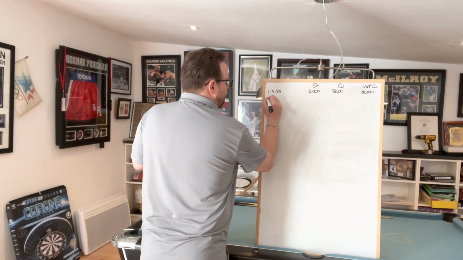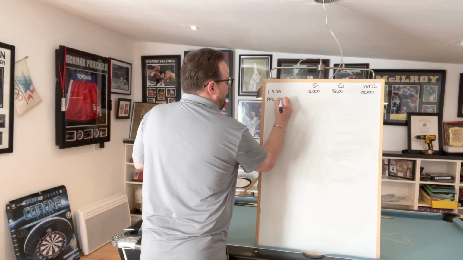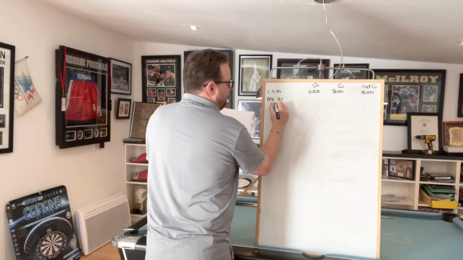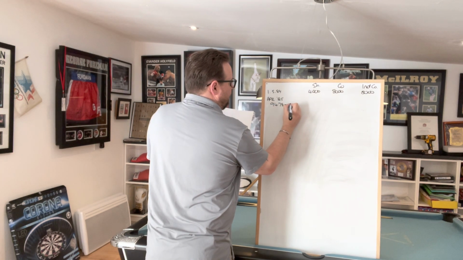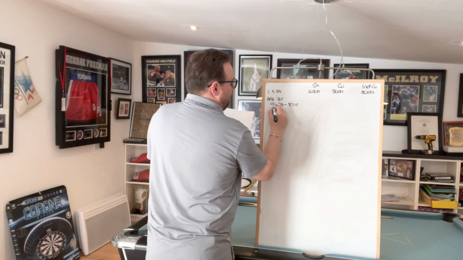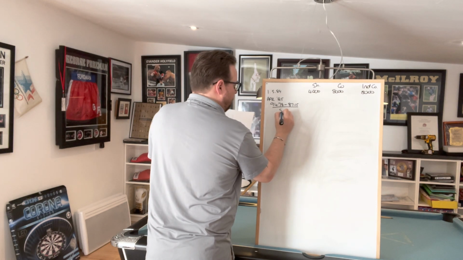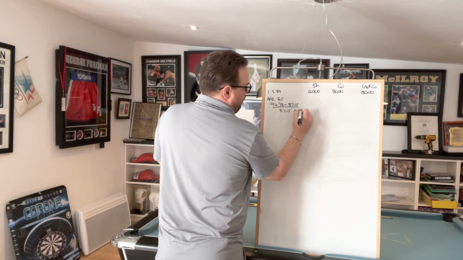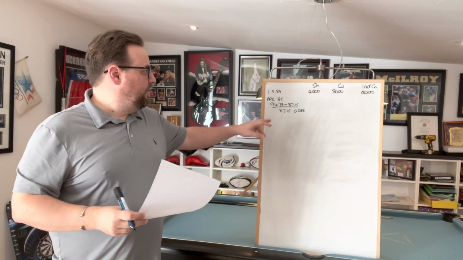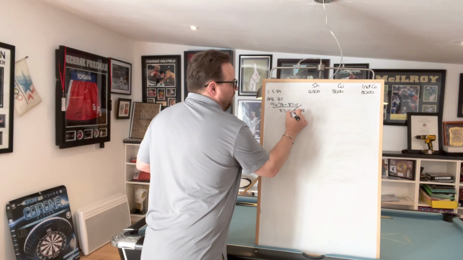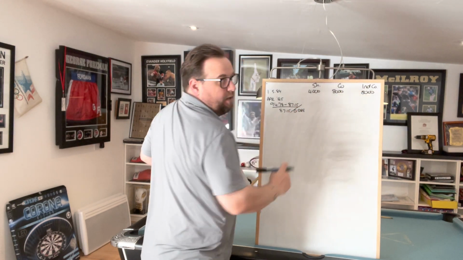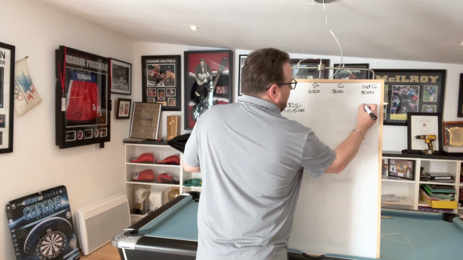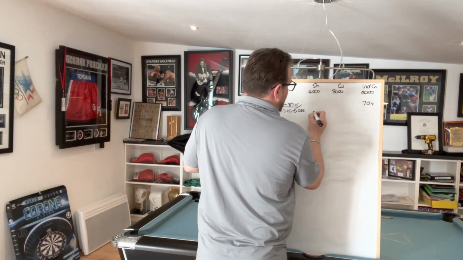So, April 85, we need to do the indexation, and it is new minus old over old, and that gives us 0.088, which we then multiply by the indexed cost up to that point, and that gives us 704.